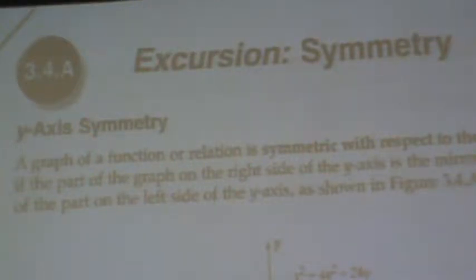All right, today we're gonna talk a little bit about symmetry, and symmetry with respect to three places. We have symmetry with respect to the x-axis, the y-axis, and the origin.